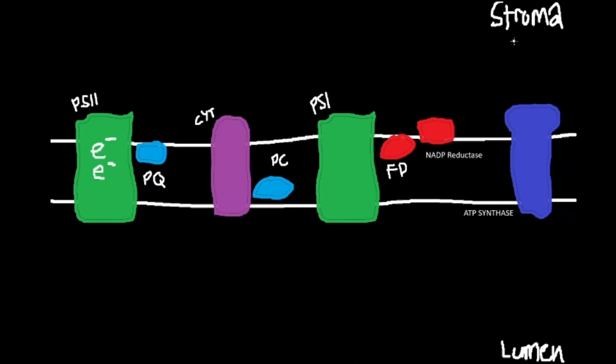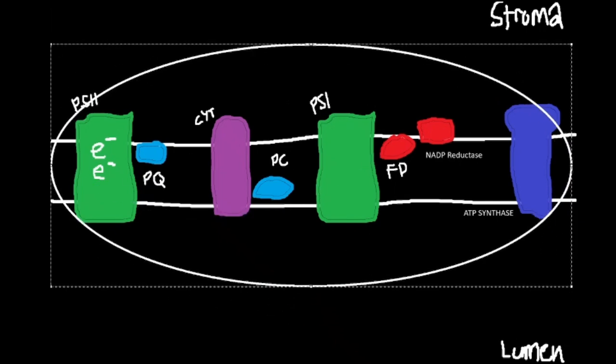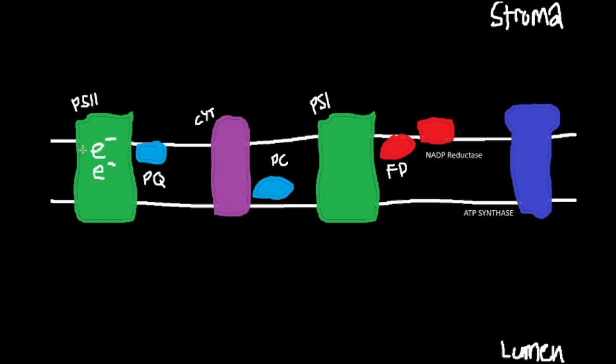We start off with the structure of the thylakoid. The thylakoid starts off with this thing over here, which we call the thylakoid membrane.